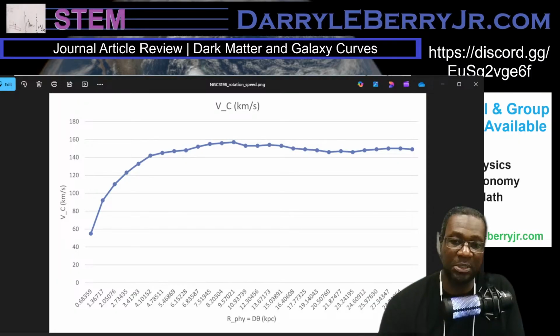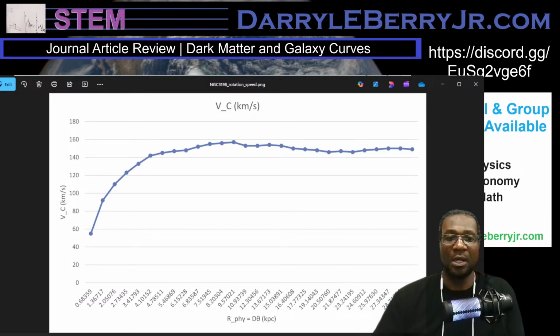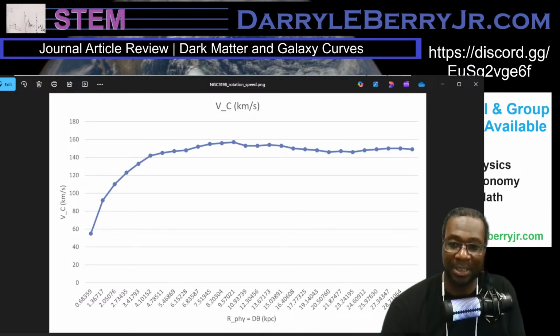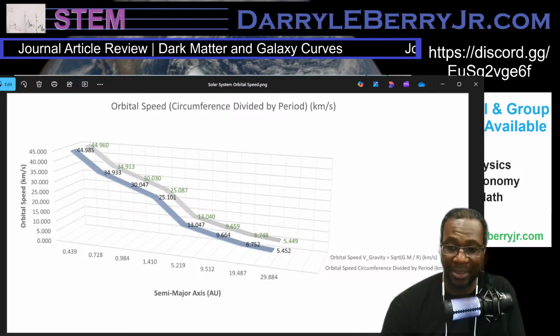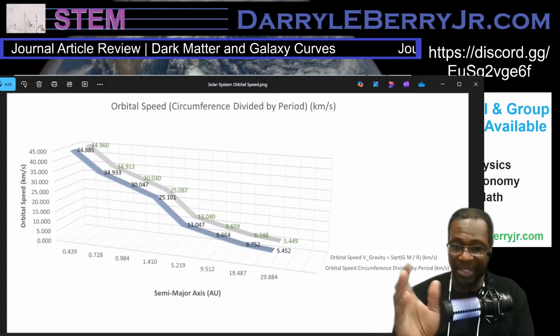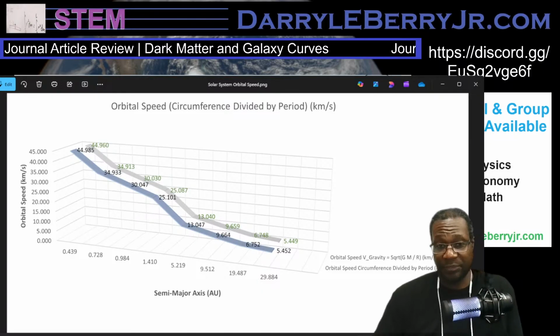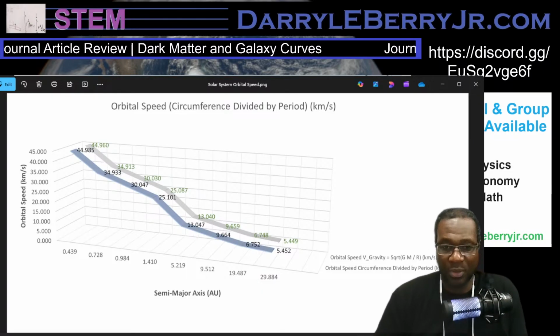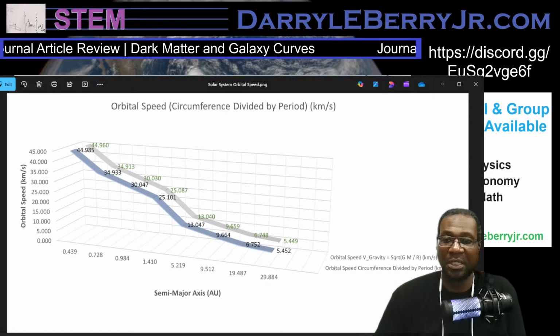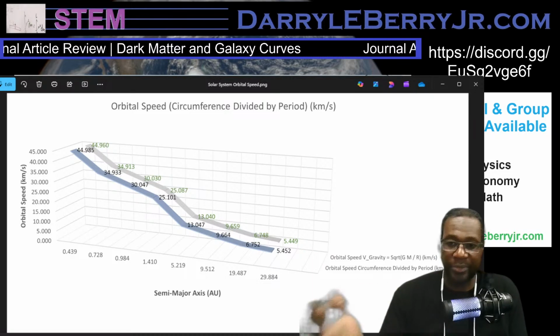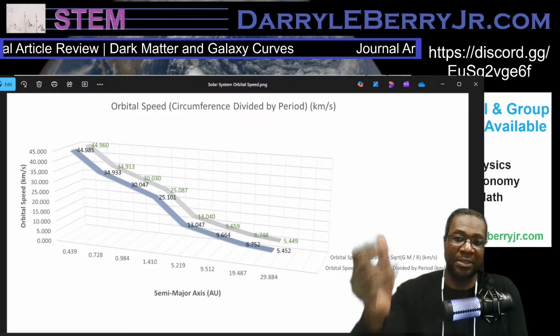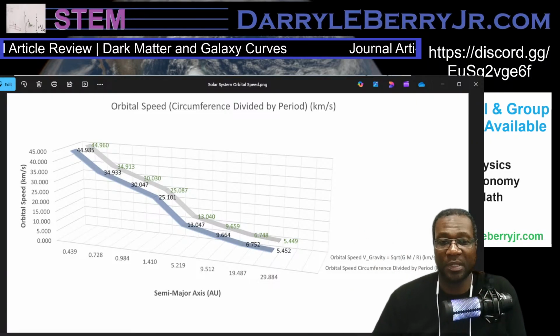So we know there has to be more mass there than we can see, or else the curve would be looking like this. If there was not more mass than we can see, the velocity curve would be looking like that. This is the curve because if we look at the solar system, there is dark matter here, but the amount of dark matter between us and the sun is nowhere near the amount of dark matter that's within an entire galaxy, right?